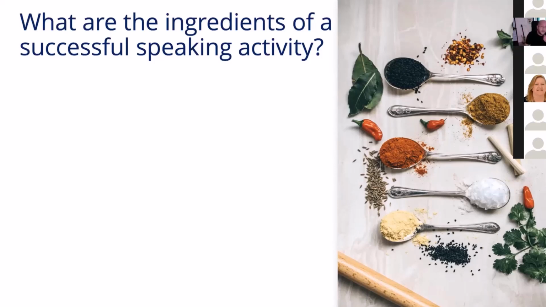And also that's one of the most difficult things to teach for various reasons. So we came up with a framework for speaking activities. Basically, there are 5 ingredients to a successful speaking activity. First and foremost, students need a clear communicative goal. By communicative, I mean a real world goal.